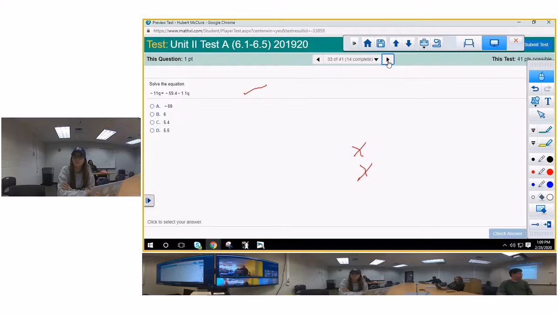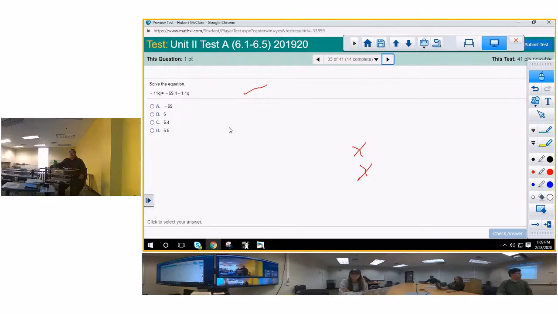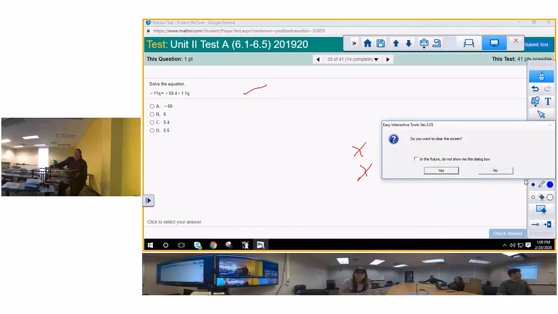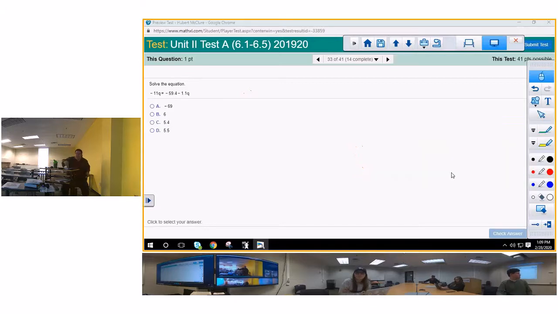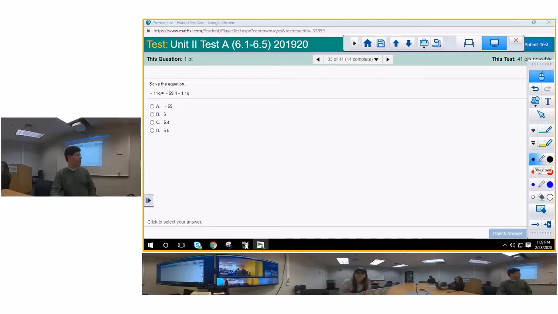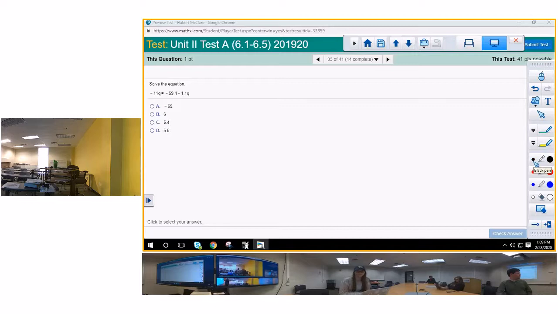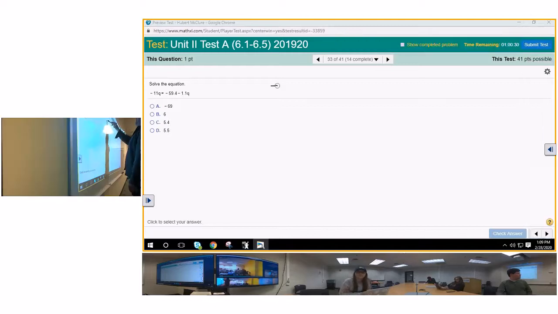I'm trying to get through the whole thing. What are you going to do first here? We hadn't done one like this, so we're going to do this one. Somebody tell me what you do first. Get rid of the decimals. Get rid of the decimals by multiplying through by 10, because the tenths place is taken up. Negative 11Q equals negative 59.4 minus 1.1Q.